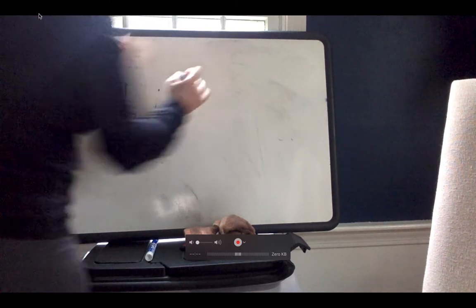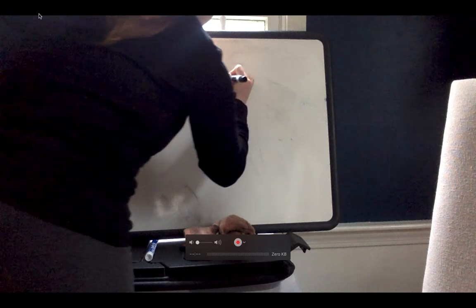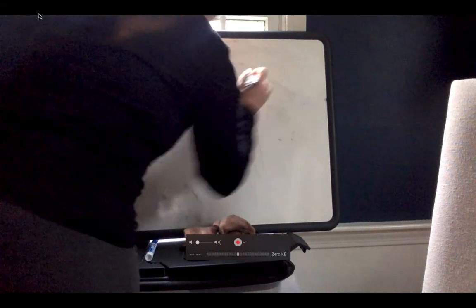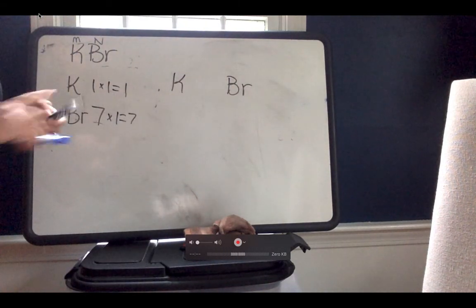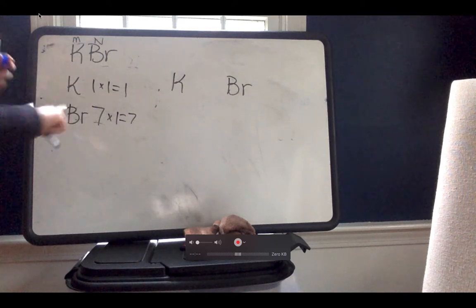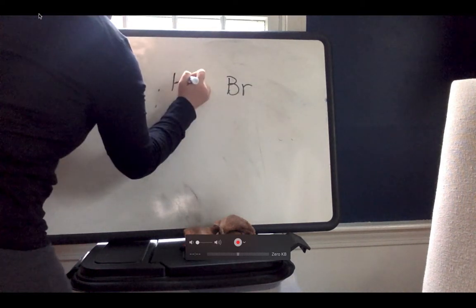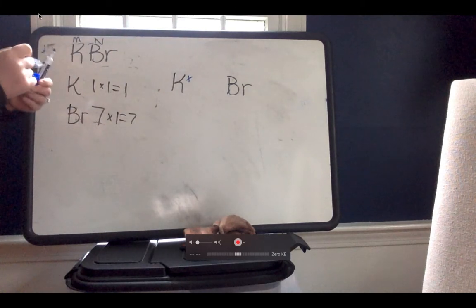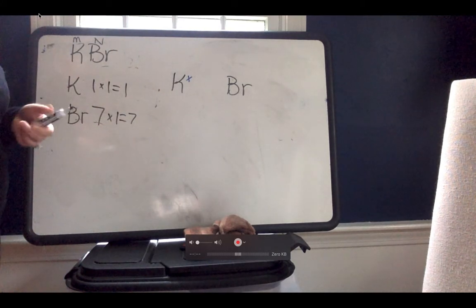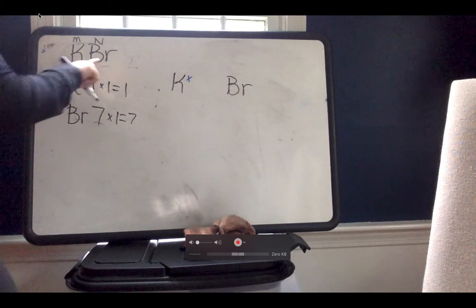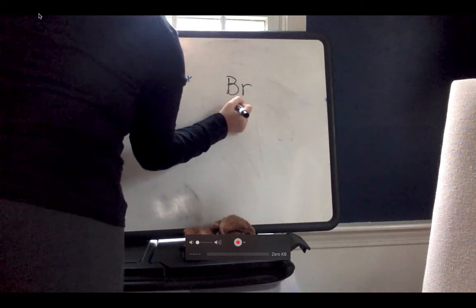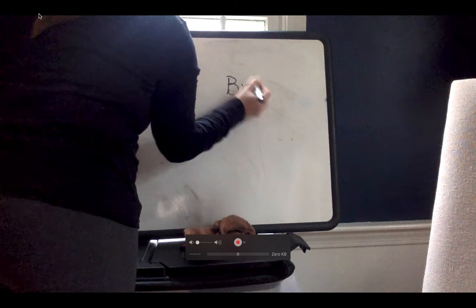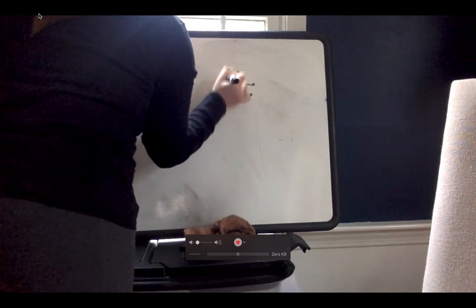So now we're going to draw them. We have K and Br. Now I always like to draw my potassium or my metals valence electrons with an X. Potassium only has 1 valence electron, so I'm going to put 1 electron there, and I always do it as an X, and you're going to see why in a minute. Bromine is our nonmetal, and it has 7. 1, 2, 3, 4, 5, 6, 7.